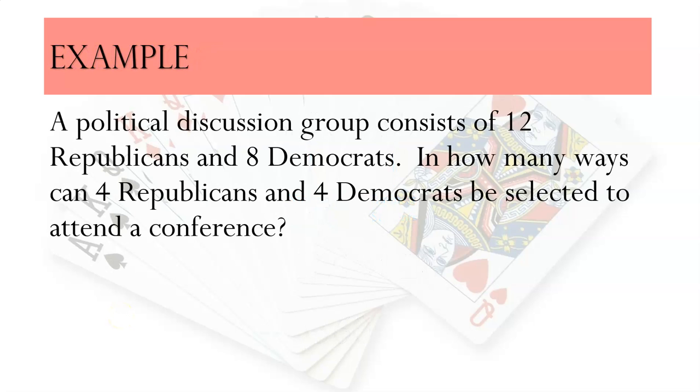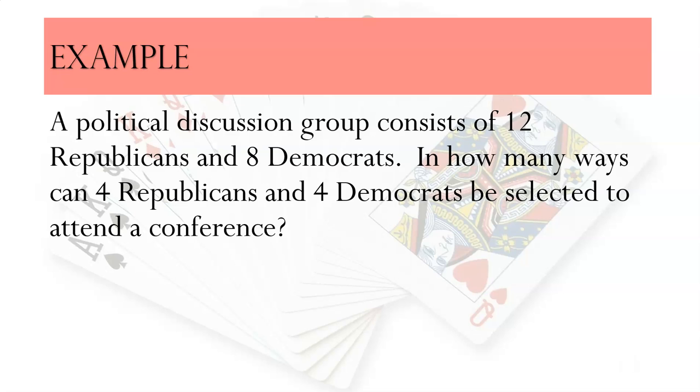And the next one says a political discussion group consists of 12 Republicans and 8 Democrats. In how many ways can 4 Republicans and 4 Democrats be selected to attend a conference? This is another example of combinations because we're sending these people in a group, and it doesn't matter the order that we pick them. It just matters that if they're chosen, then they're going to attend the conference.